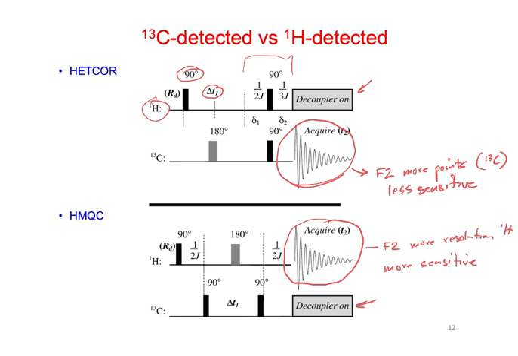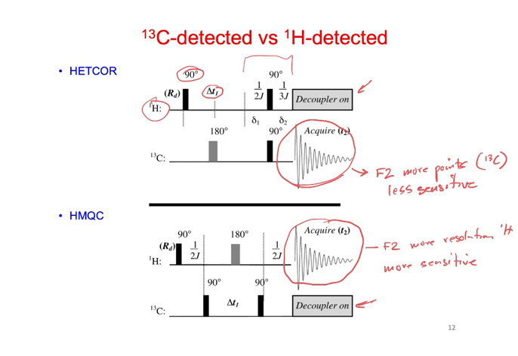if we're going to detect the signal on the protons, we really only want to detect protons that are attached to C13 atoms, right? We're looking for that coupling to the C13.